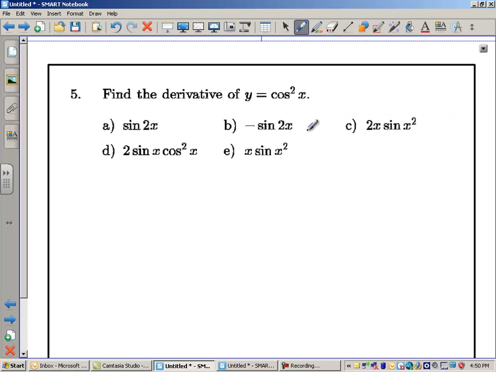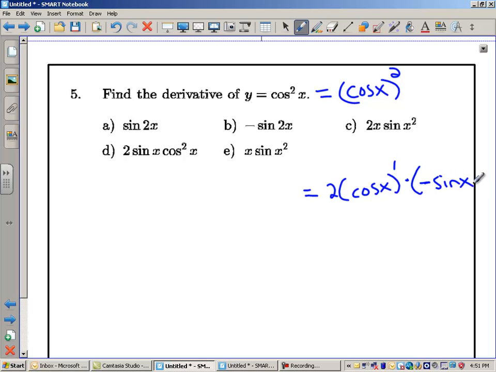Let's do a more complicated example. Cosine squared x means cosine x all squared. So you can see I've got a function inside a function. So that's going to be 2 times cosine x to the first power, and then times the derivative of cosine, which is negative sine x.